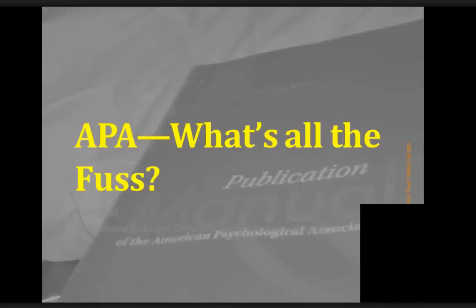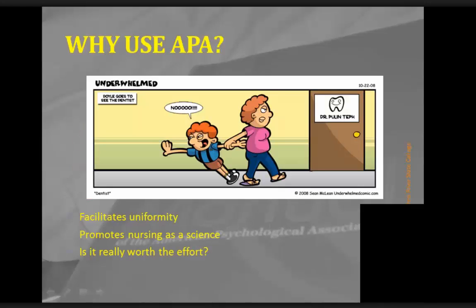Anyway, this is what we're going to talk about. APA stands for the American Psychological Association, as you can see right here. Why use APA or any formatting? Well, it facilitates uniformity.